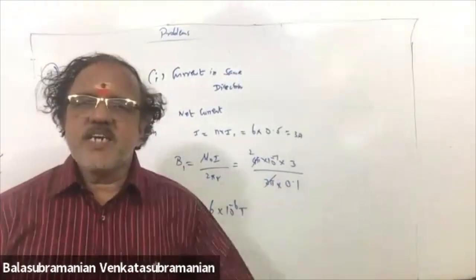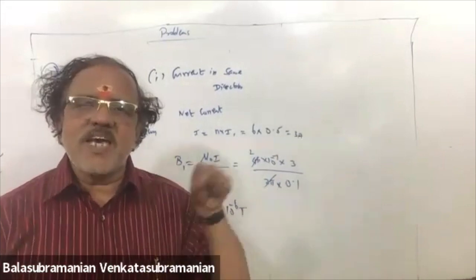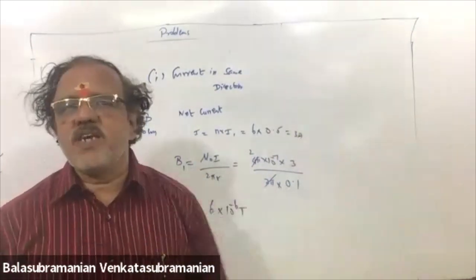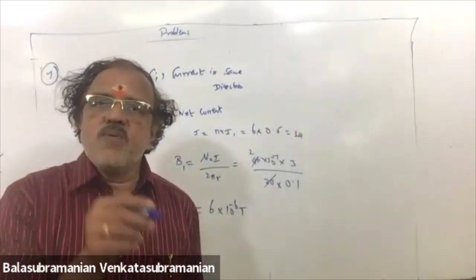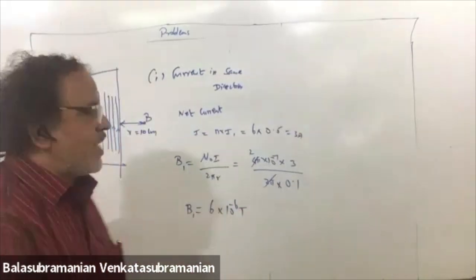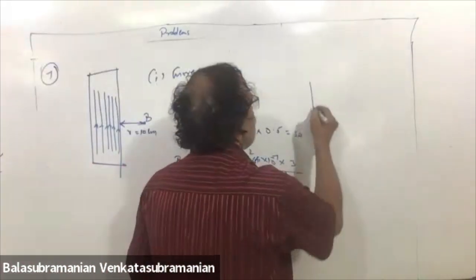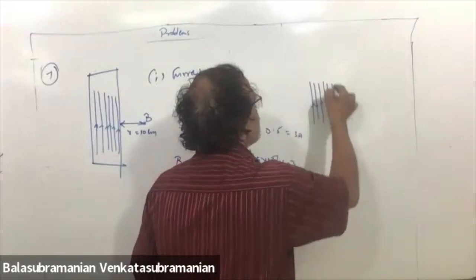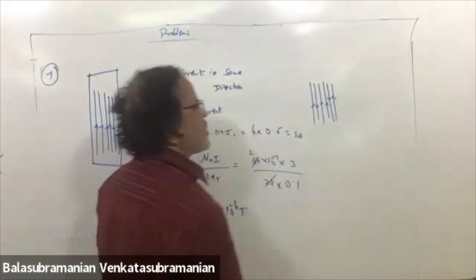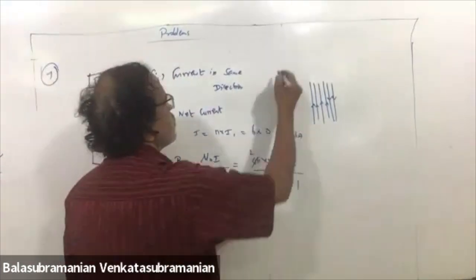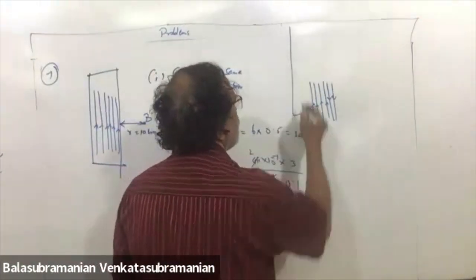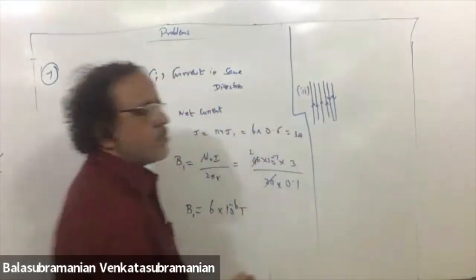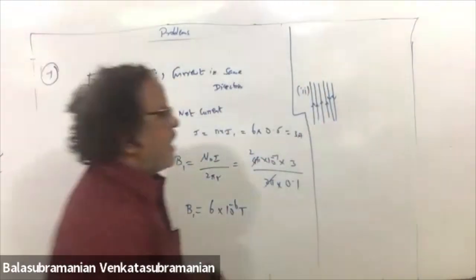Straight, 6 wires carrying current in the same direction. This is the magnetic field. Second case: 4 wires in one particular direction, 2 wires carrying current in opposite direction. So net current is what?